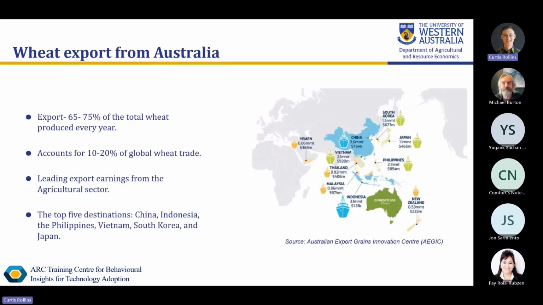Australia is also a dominant player in global wheat trade. It trades almost 65 to 75% of total annual produce, and that accounts for 10 to 20% of the global wheat trade. And wheat is a leading export earner from the agriculture sector. The top 5 destinations for Australian wheat are East Asian countries, ranging from Japan to China.